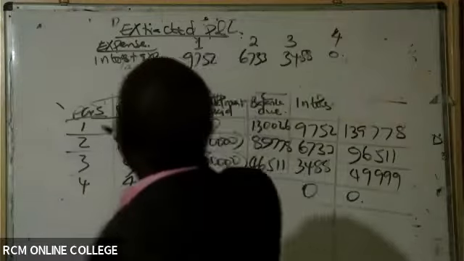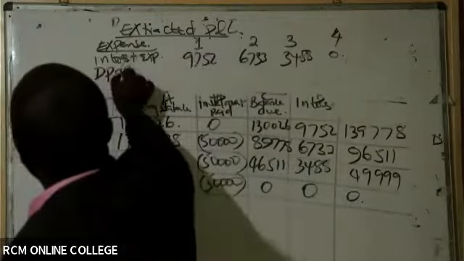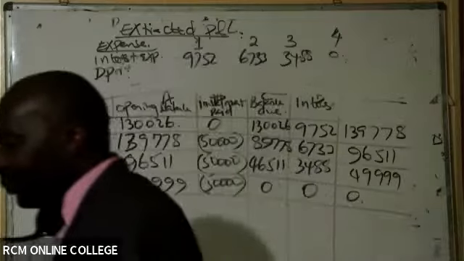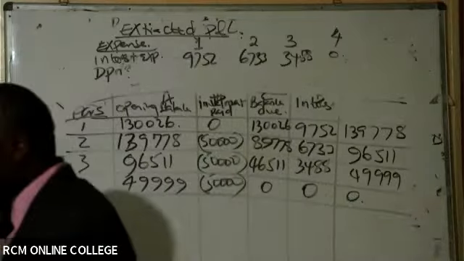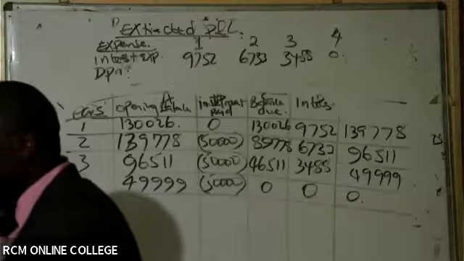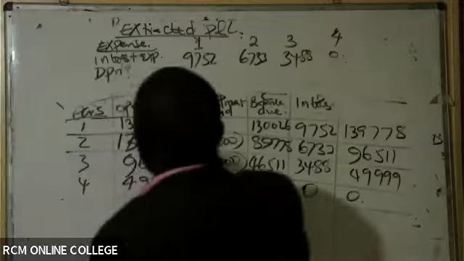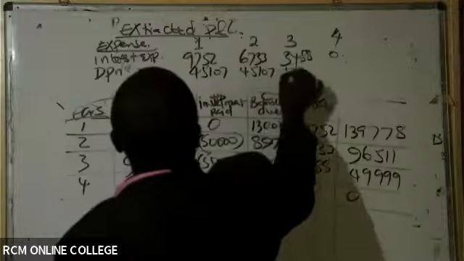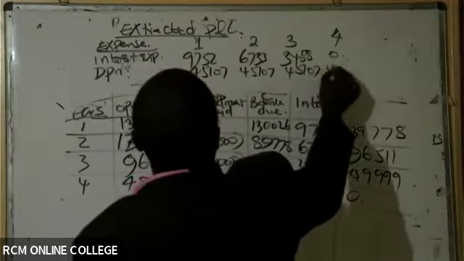And then we have depreciation, 45,107 each year. Are you able to see the depreciation?